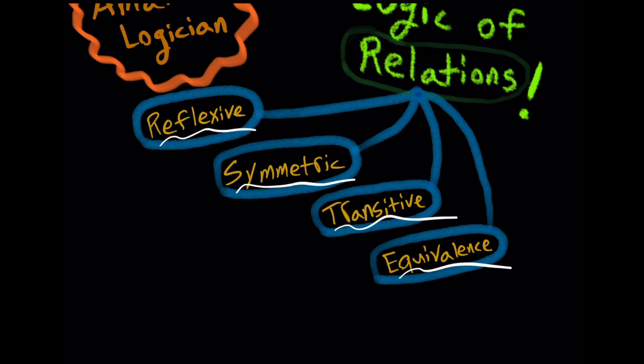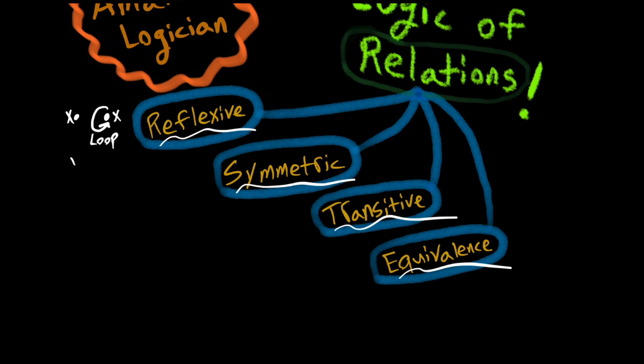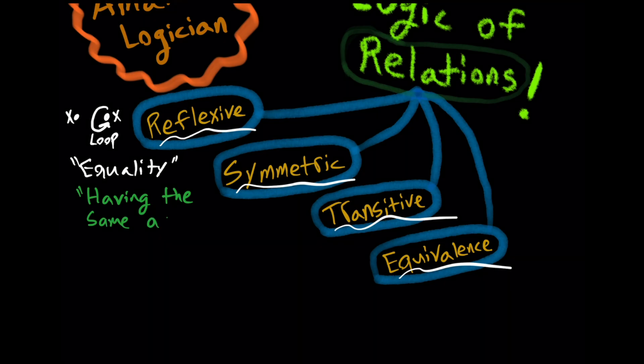Now, when it comes to a reflexive relation, we can first think about this in terms of a diagram. Let's say we have X, and a reflexive relation is just thinking about itself. Think about equality. Equality is a reflexive relation. Or consider the example of having the same age as.